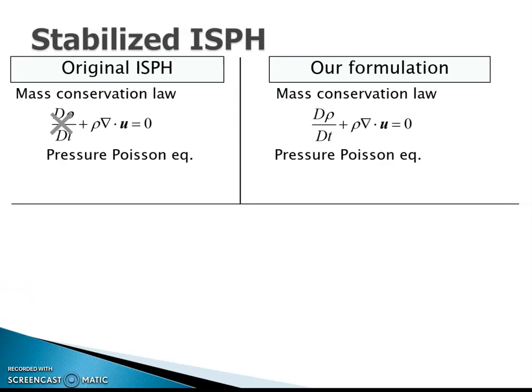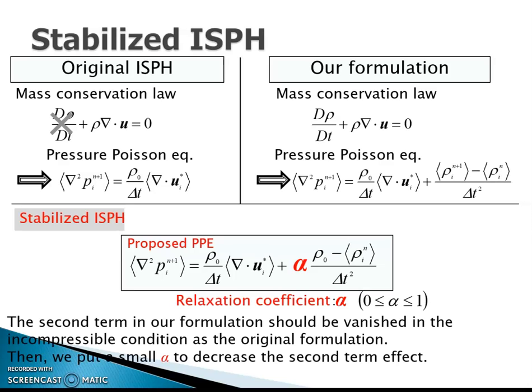In this study, the stabilized ISPH is used, and the features of this technique appear in the pressure Poisson equation. In the original ISPH method, the PPE is derived from the assumption of density invariance.